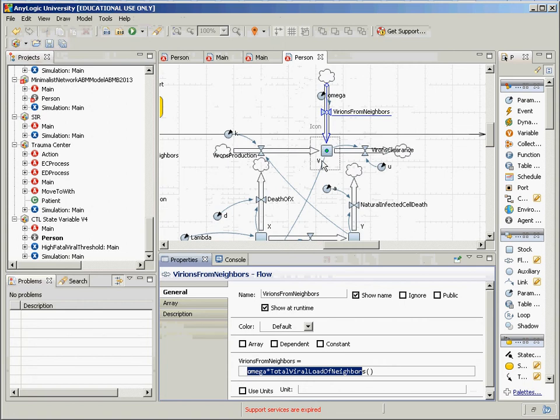In this case it's a viral model, so you would have virus being exposed to virus from neighbors, say in a needle sharing network or a sexual transmission network. Some amount of free virions would come in that would kick you off in the infection cycle, and then there'd be subsequent cycles of infection because of that.